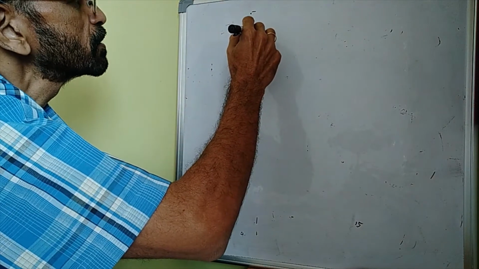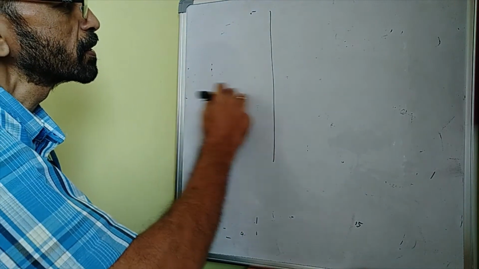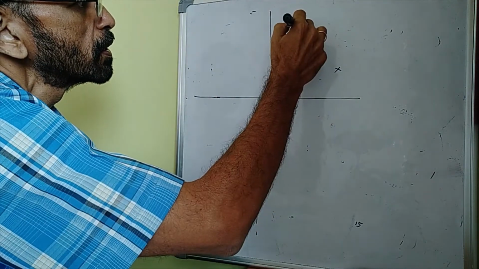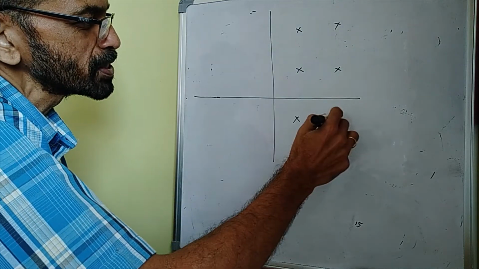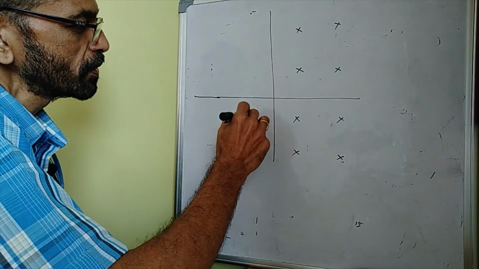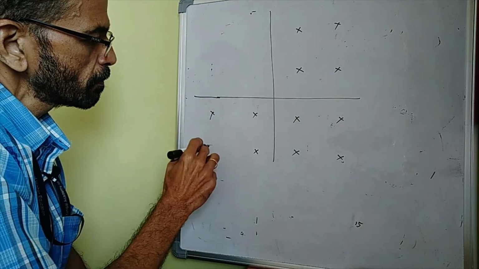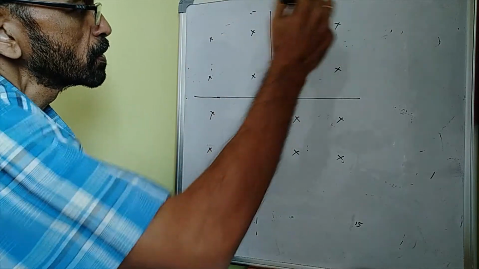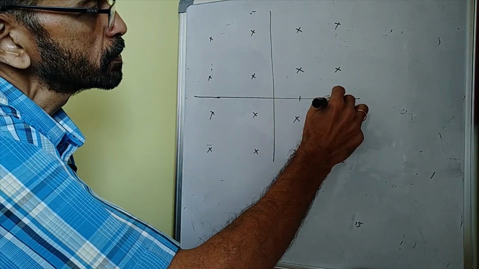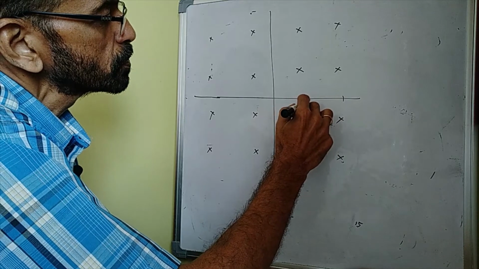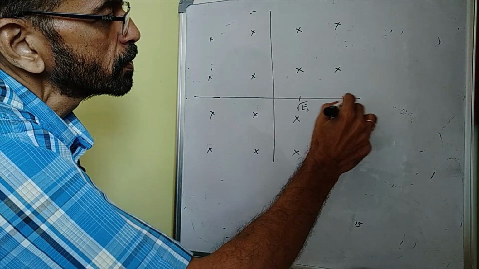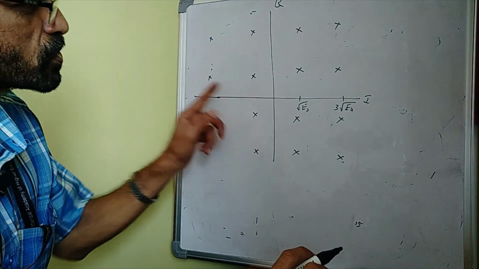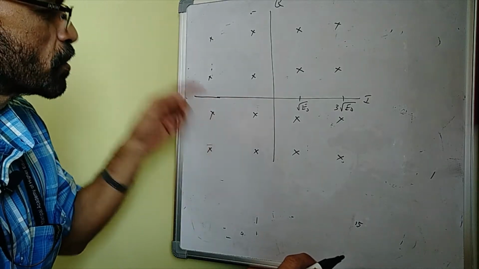So let's say we had the constellation like this. I don't want to show this in that same constellation because I have marked so many things on that. We had the constellation like this, and this was root E naught, 3 root E naught in phase and quadrature. Similarly, minus root E naught, minus 3 root E naught.